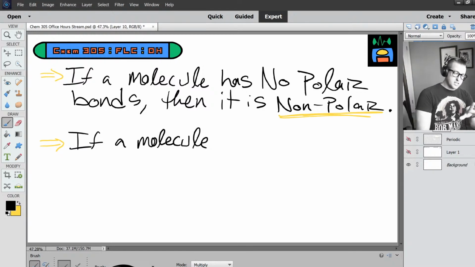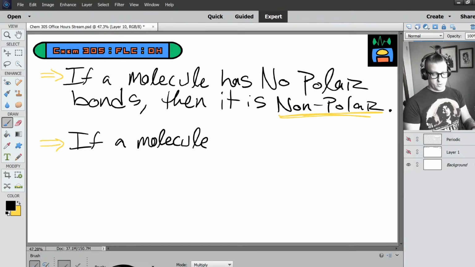So if the difference in electronegativity between 2 atoms is 0.4 or less, the bond is nonpolar. All right? And if you have no polar bonds, your molecule is nonpolar.